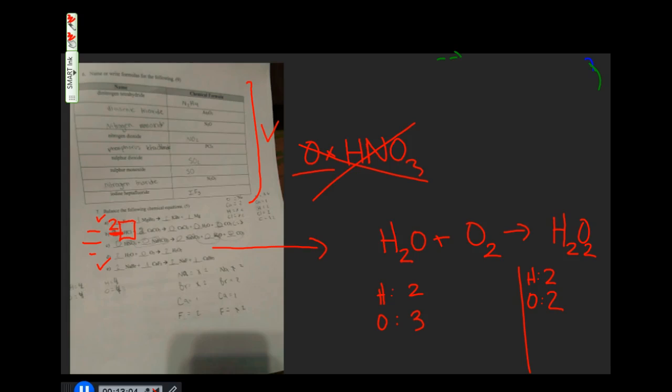In order to balance that, you're right, I'm going to need a 2 here, because then that's going to give me 2 times 2, 4 hydrogen. 2 oxygen here, plus another 2 here is going to give me 4. You're right, I'm going to need to multiply hydrogen peroxide, which is H2O2, by 2, and that gives me 4 here and 4 here. Where the error is is right here.